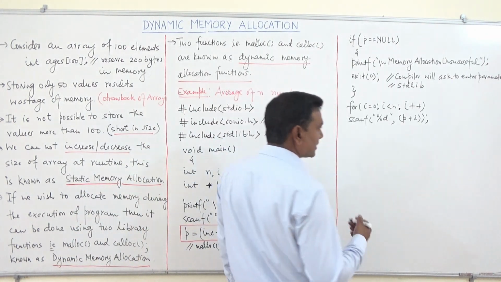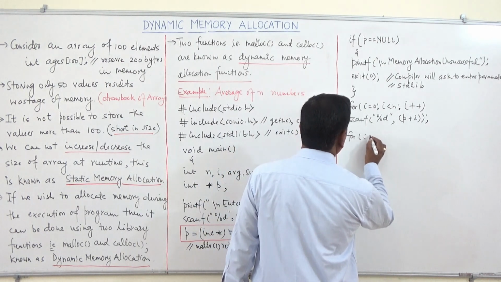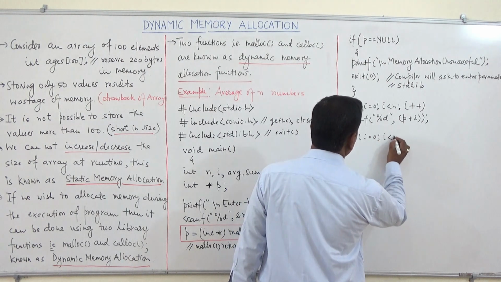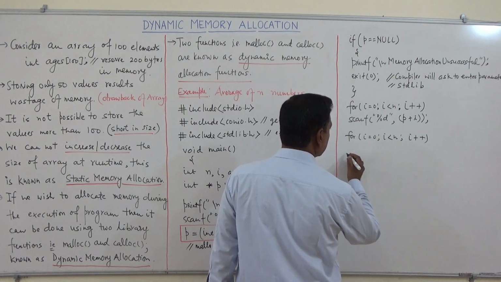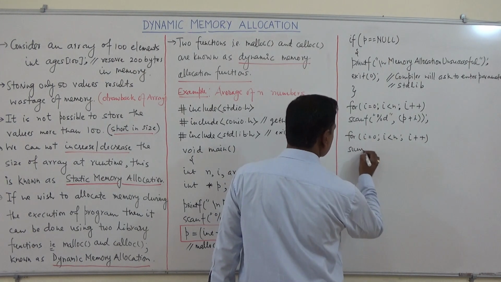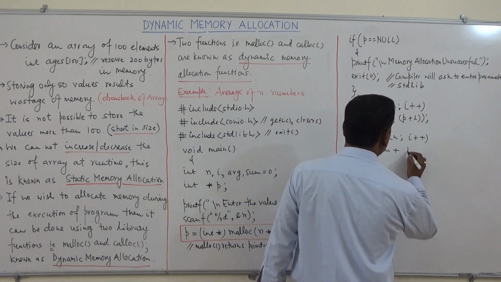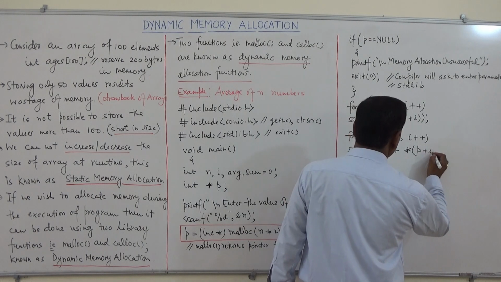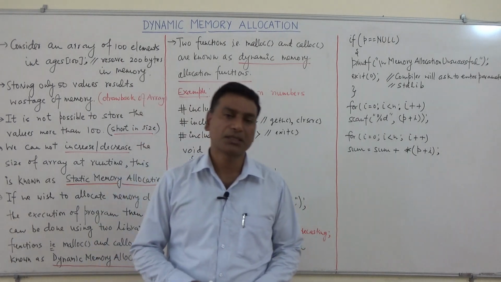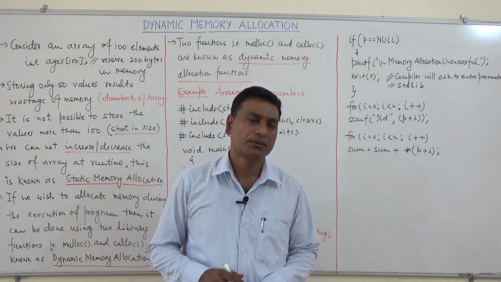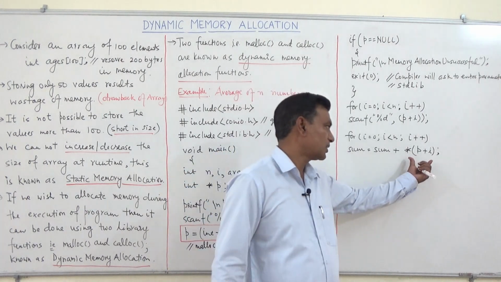After getting the values from the keyboard, we will again use a for loop for i equals 0, i less than n, i plus plus, and then sum equals sum plus *(p plus i). This is also a very important point. Here we are using the value at address operator, so in this way we can use all the values.